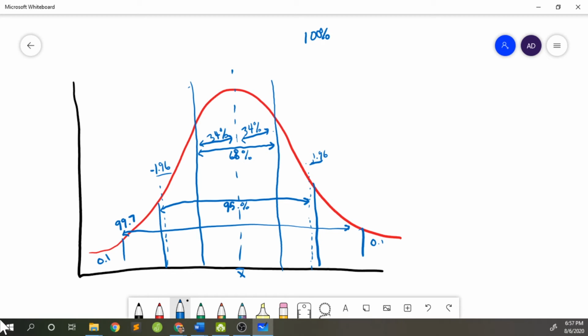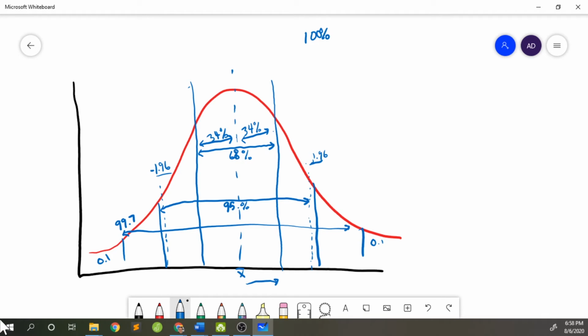Okay, going back to our previous example, if you had a Z-score of 1, we could use that information to figure out your percentile. So if you have a Z-score of 1, we know that below the average is half of the data, plus another 34.1%.